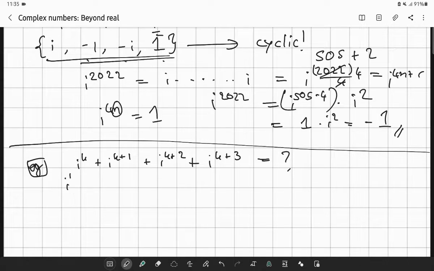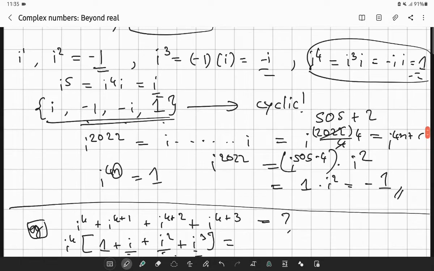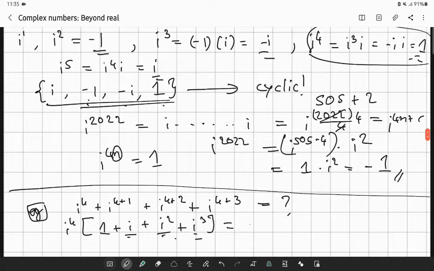Again, I just take i raised to k common. I have 1 plus i plus i squared plus i raised to 3. What is this equal to? Let's take the values of these from above. So we have i, minus 1 and minus i. So I have i raised to k times 1 plus i plus minus 1 plus minus i.